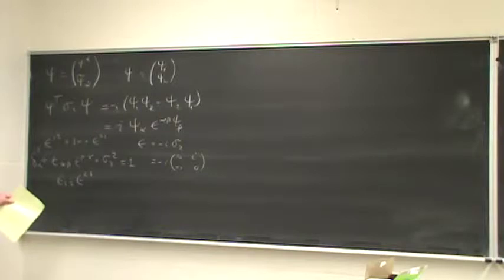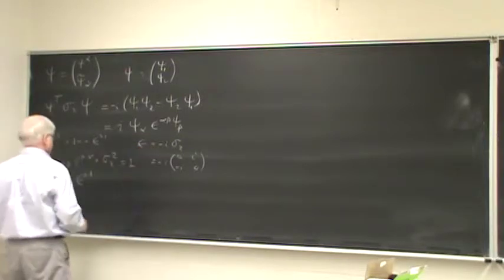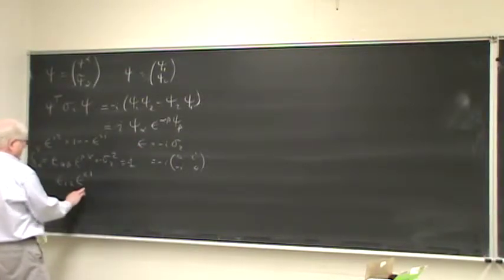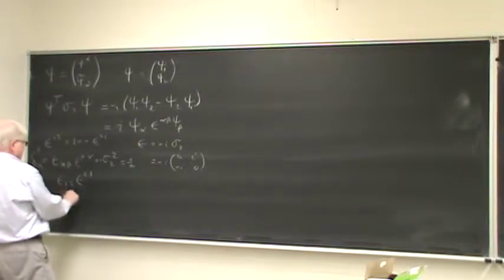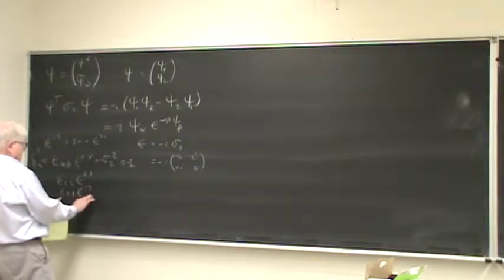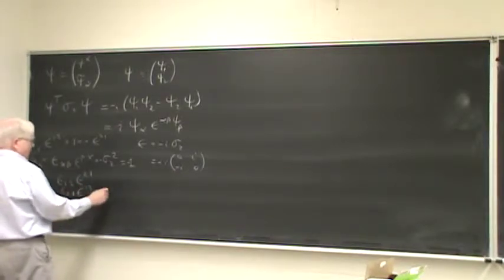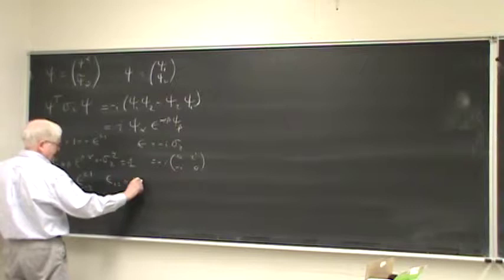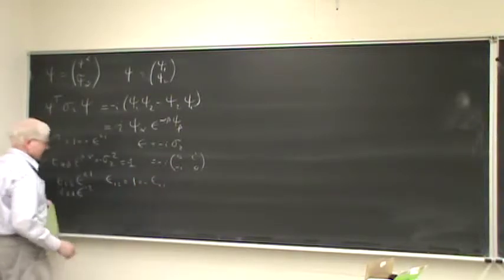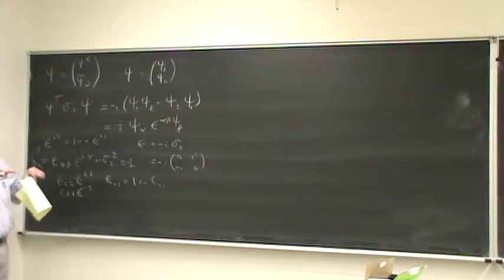Epsilon alpha beta epsilon beta gamma is minus sigma 2 squared because of the i. Oh, thank you. Brilliant. Because of the i, of course. Yes, so minus, minus. So this tells us then that we're getting minus 1, and if instead we did epsilon 2, 1, epsilon 1, 2, again we get minus 1. Okay, so in other words, epsilon 1, 2 is equal to 1, and that's equal to minus epsilon 2, 1. So whether the epsilons are down or up, or whether the indices are down or up, doesn't matter.